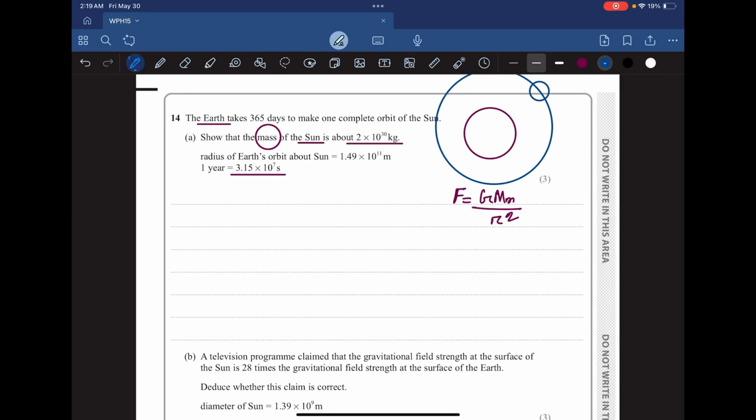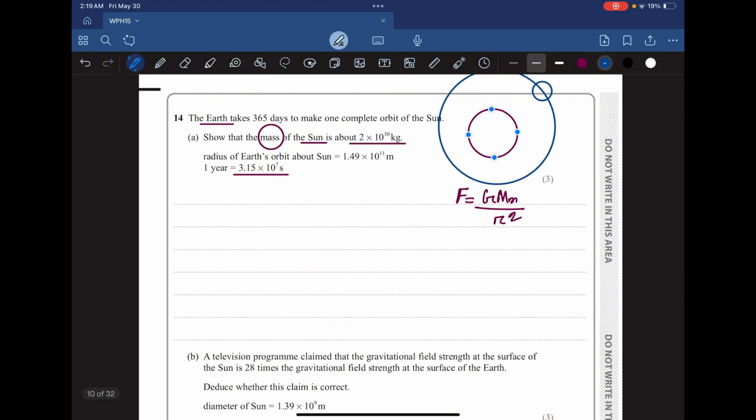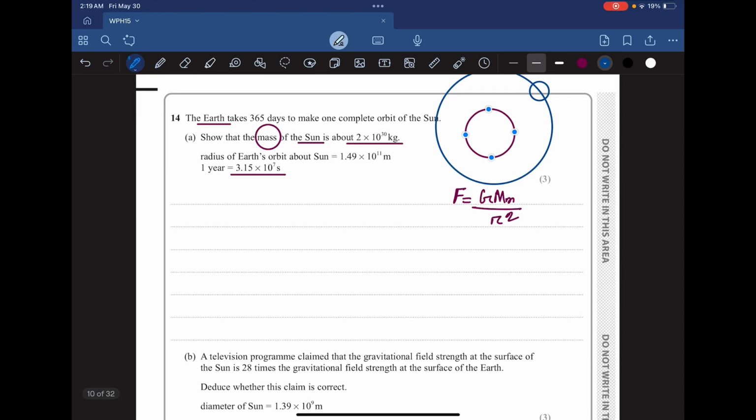When the Earth is revolving around the Sun, a gravitational force is exerted by the Sun on the Earth and by the Earth on the Sun.